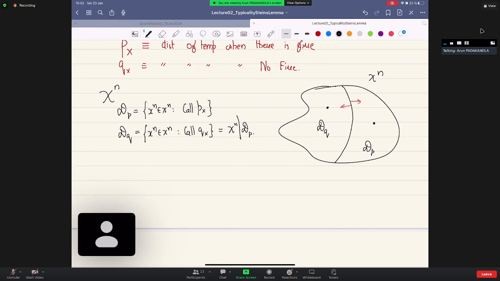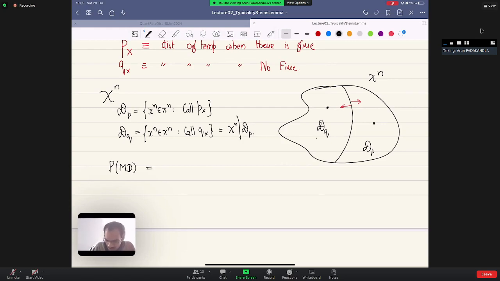I'm giving a physical motivation, but there is a general problem out there which I can state. So what is the probability of misdetection? The probability of misdetection is that your observations fall in Dq, in which case you don't say it's a fire, right?